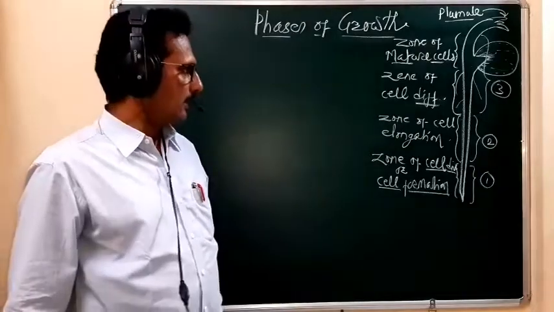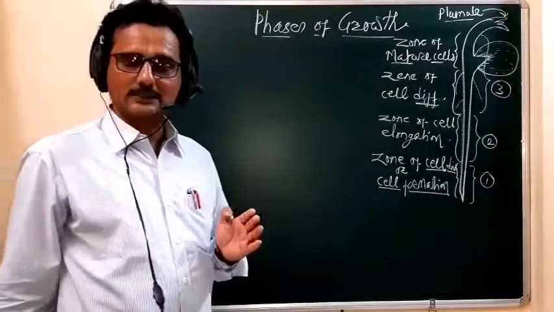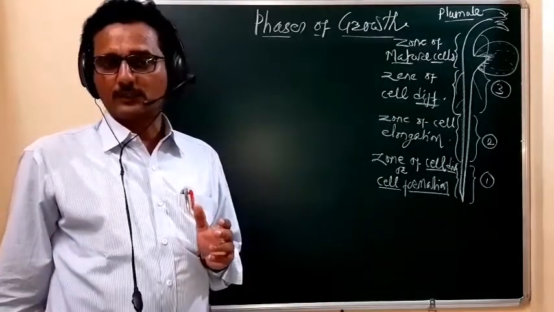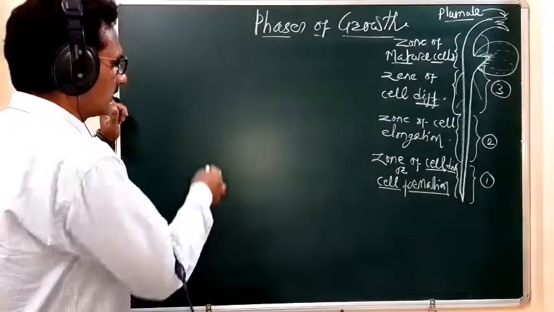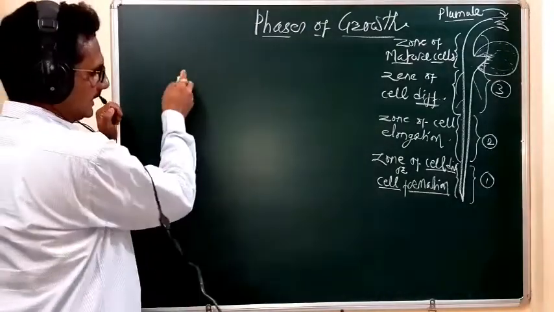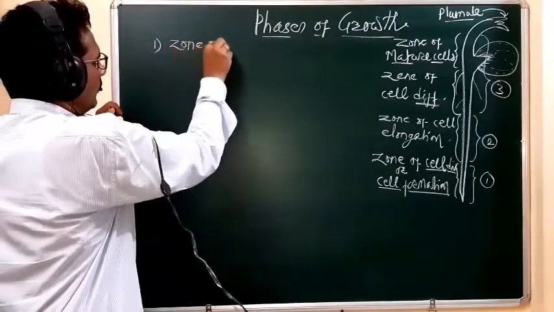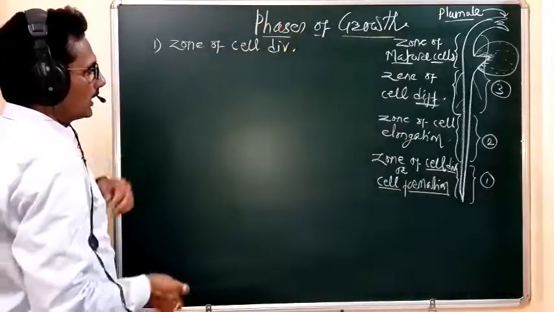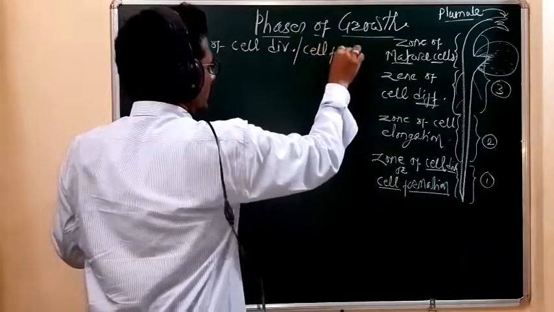See these three phases of growth one by one, and what changes take place inside these various zones. The first zone is called the zone of cell division, or cell formation.